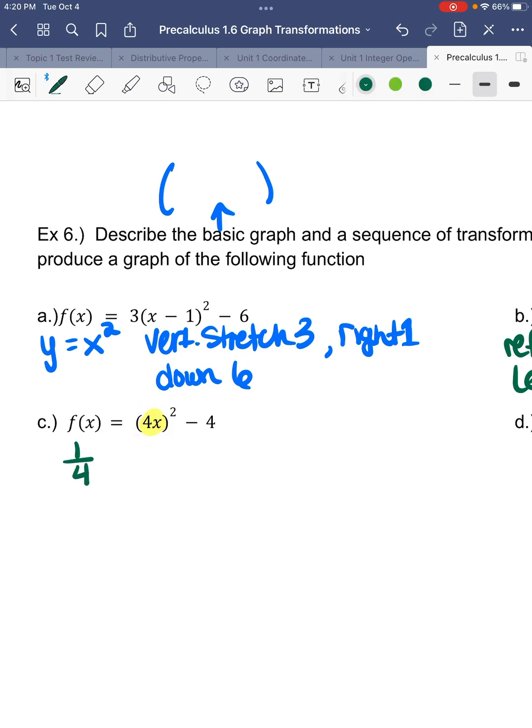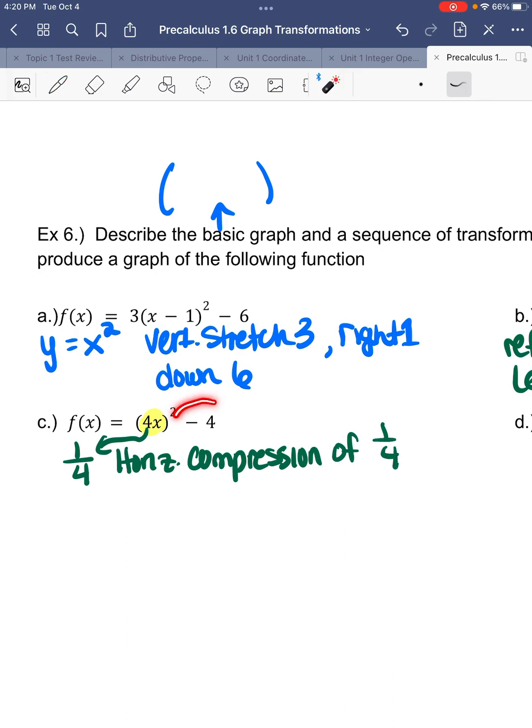If I multiply by something that's 1/4, that is a compression. So that 4 really means a horizontal compression of 1/4. Then subtracting 4 off the back really means moving the graph down 4.